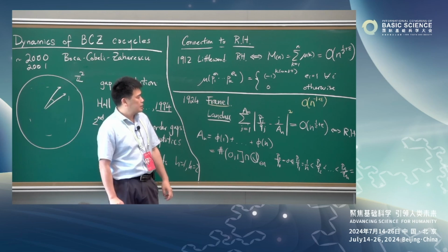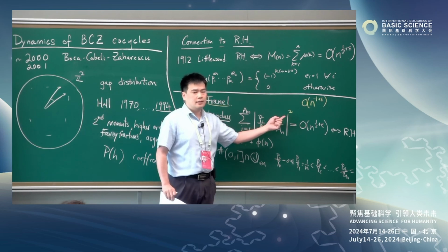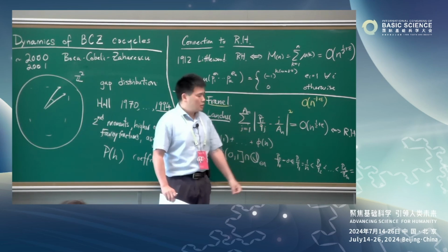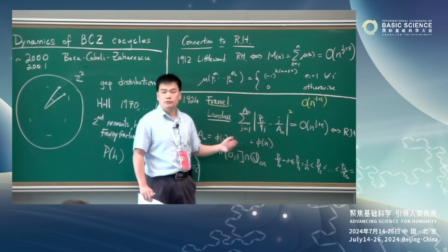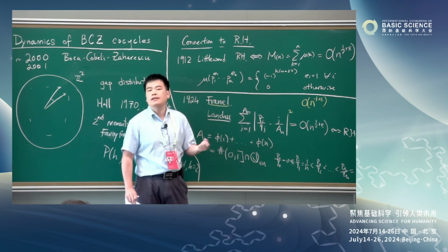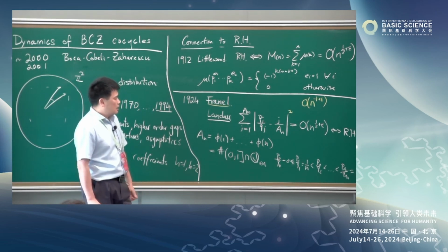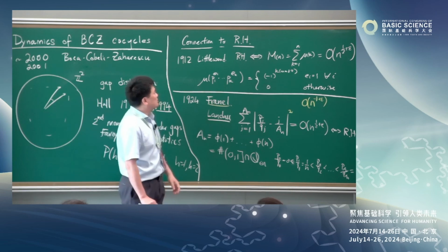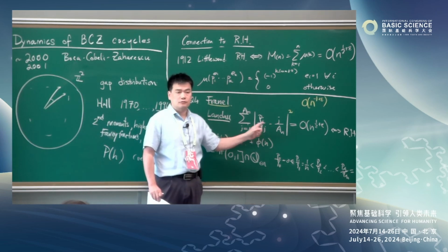And I would say part of the reason is because people prefer doing L2 second moments. You get rid of the absolute value sign, and so it's easier to analyze if you want to do computations. But the characterization of Riemann hypothesis that we will be using is the Landau version.